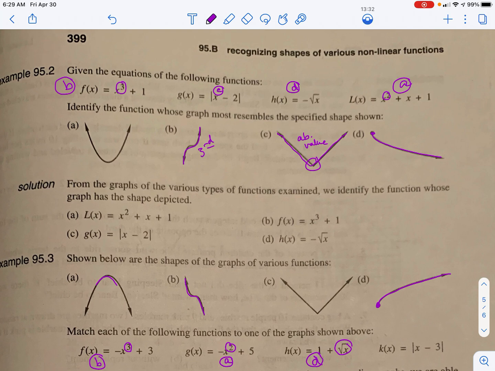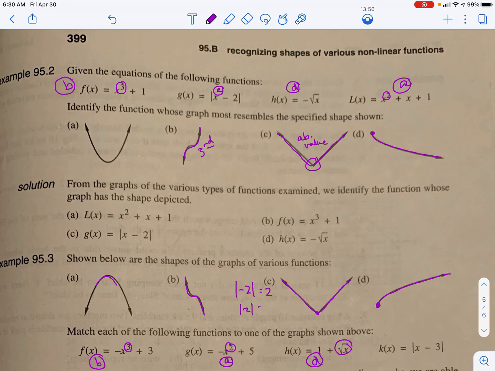And then the last one is the absolute value. The absolute value has two directions as well, coming down, but it stops at a very specific point right here, and then it turns and goes in the opposite direction exactly the same way, which makes sense. Because with absolute values, whatever you put in, the absolute value is going to be the positive number of that. For example, the absolute value of -2 is 2.